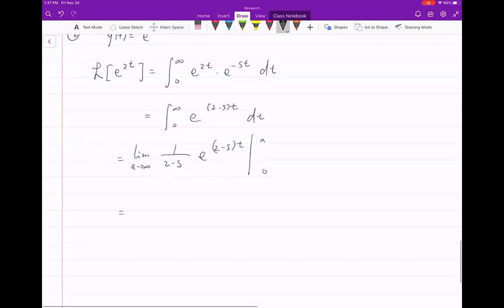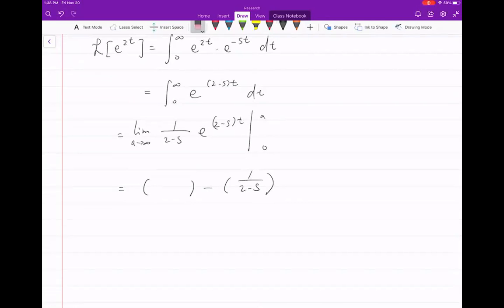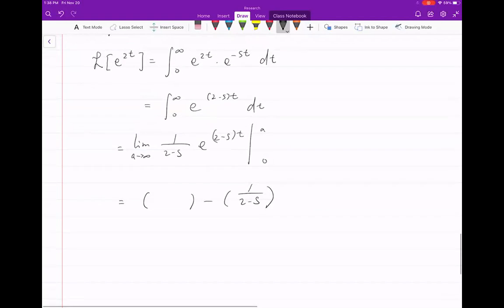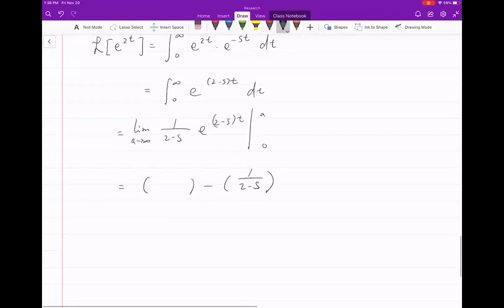Which is something minus 1 over 2 minus s. Yes, 2 minus s. Here I should put 0.